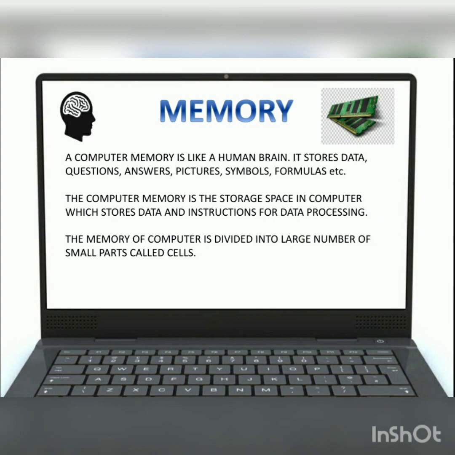The computer memory is divided into a large number of small parts called cells. These cells have a unique address in the computer memory which varies from 0 to memory size minus 1.